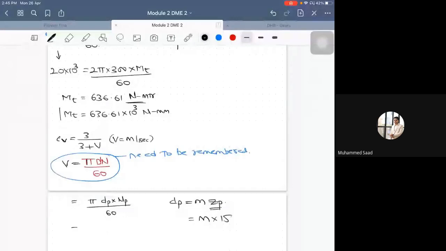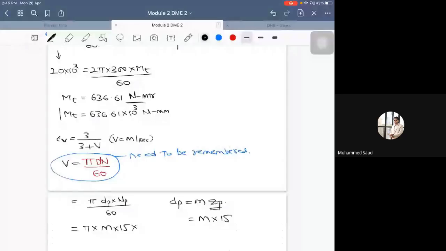So it is π cross dp, which is m cross 15 cross np, the speed of the pinion. I guess you know the speed of the pinion. 300.